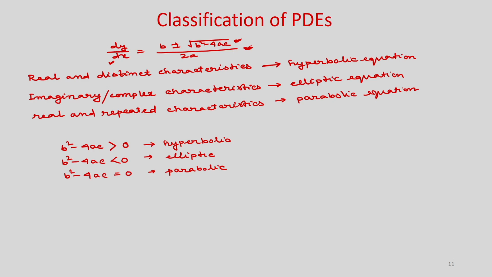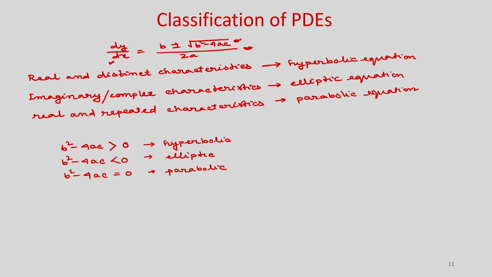Now we have defined when it will become hyperbolic, parabolic and elliptic, seeing the nature of the characteristics, and you can correlate it with what we defined in the beginning, that if b square minus 4 ac is greater than 0, then only you will get real and distinct.